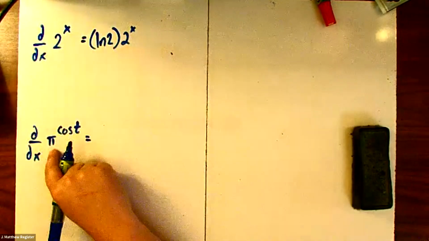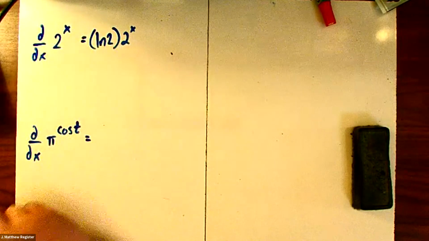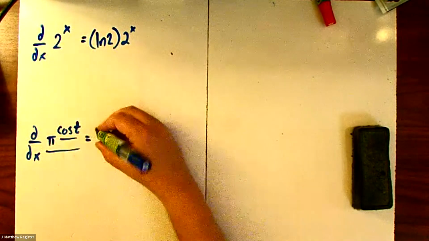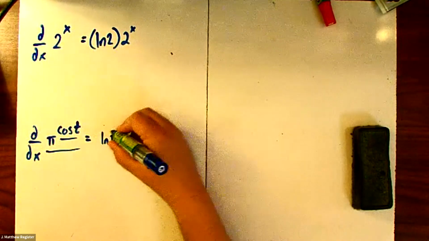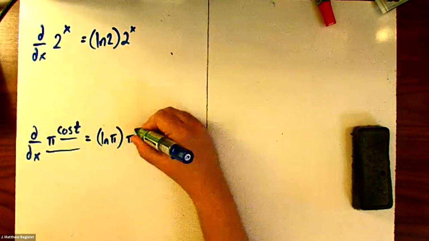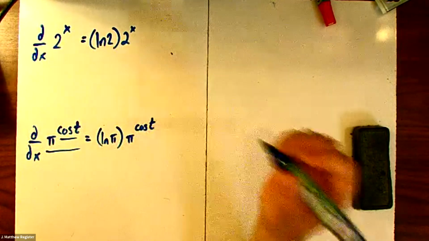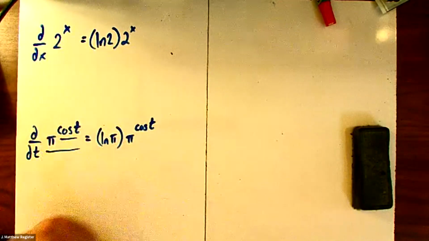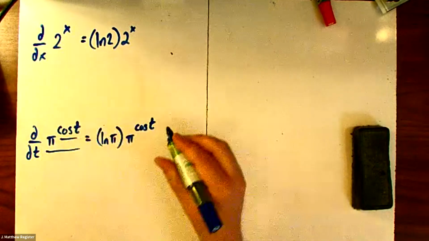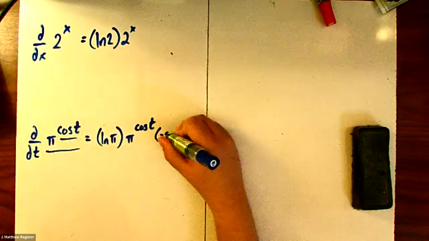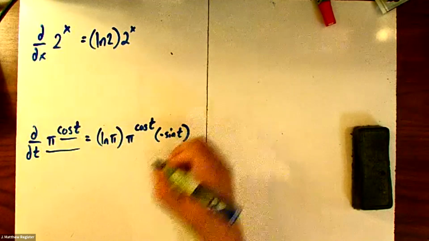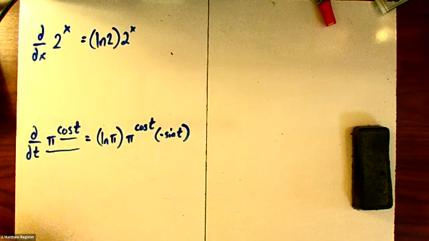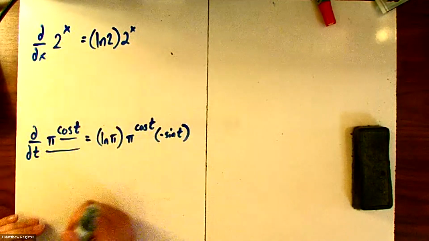The derivative of pi to the cosine of t, well, now notice this is a chain rule. Derivative of pi to the stuff is natural log of pi times pi to the stuff. And the derivative of that stuff, oh, this was a d dt, sorry about that. Derivative of cosine would be a negative sine of t. And so there that one is.